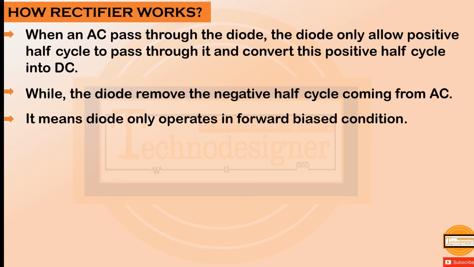When an AC passes through the diode, it only allows the positive half cycle to pass through and converts this positive half cycle into DC, while the diode removes the negative half cycle coming from the AC. It means the diode only operates in forward bias condition. Now you can see from the picture as shown below.